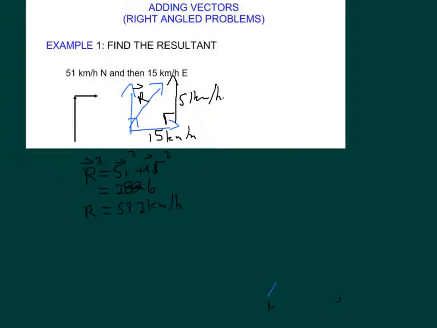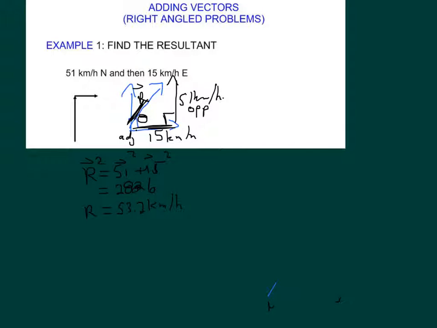Now, in order for a resultant r to become a vector, we also need for it to have a direction. And so the direction is going to be angle theta between the east-facing vector and the resultant. And using our trigonometry, using SOHCAHTOA, we have the opposite and the adjacent side.